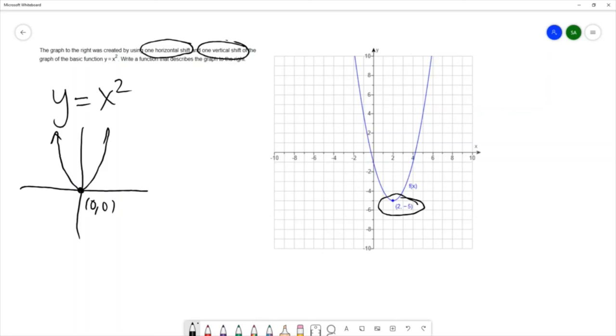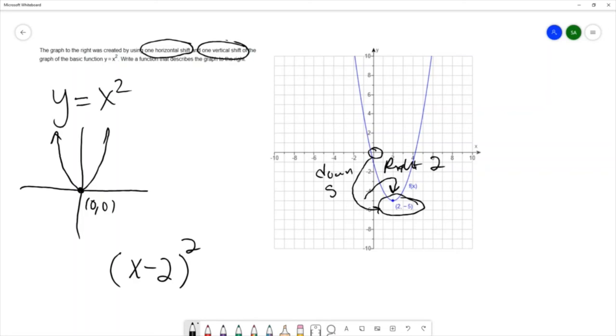From the origin, it looks like I shifted down 5 and to the right 2. So if I want to write the equation of this function, inside the squared, I want to shift right 2. That means I would subtract 2.